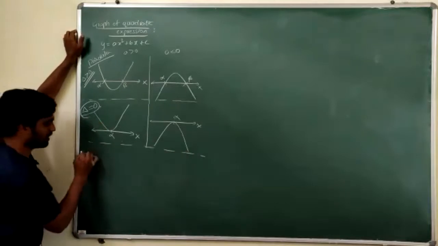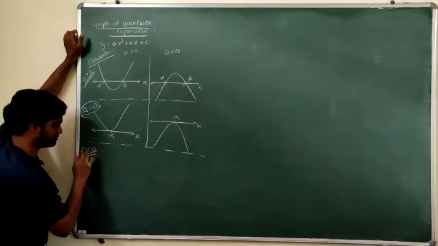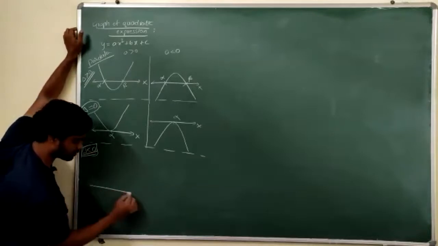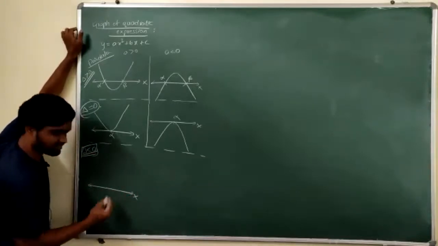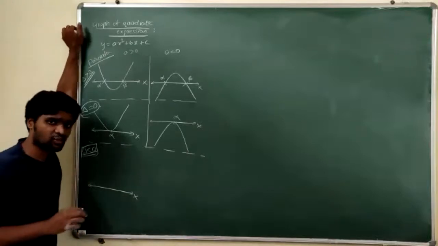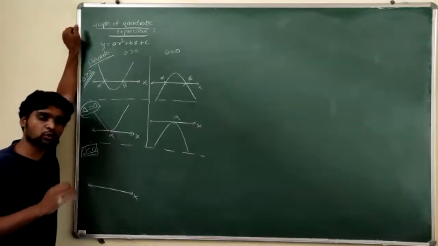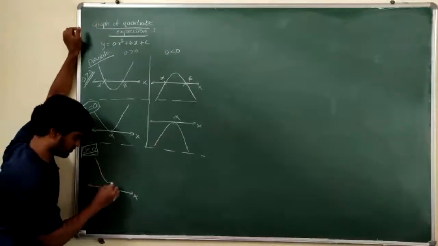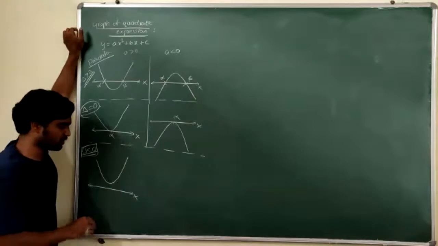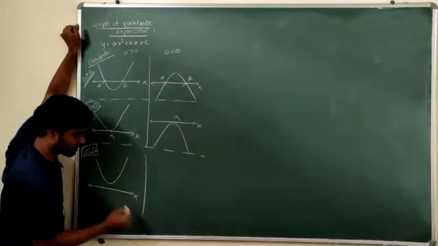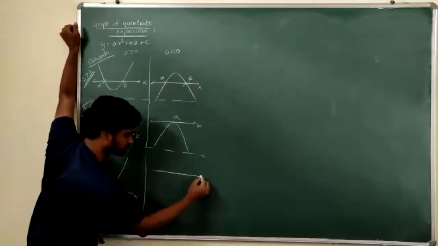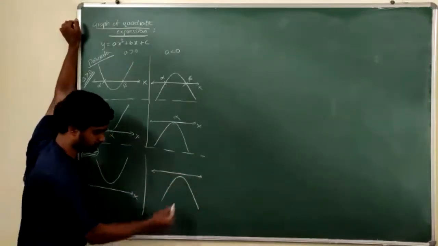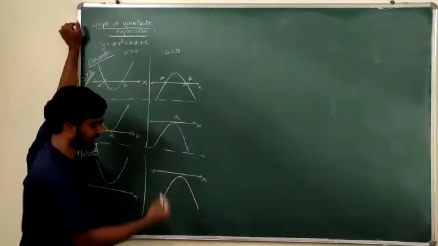Now again, delta less than 0. Now see this. Delta less than 0 means no real roots. No roots means the graph cannot cut the x-axis. For a greater than 0, the whole graph will be above the x-axis. Coming to a less than 0, the whole graph is below the x-axis.